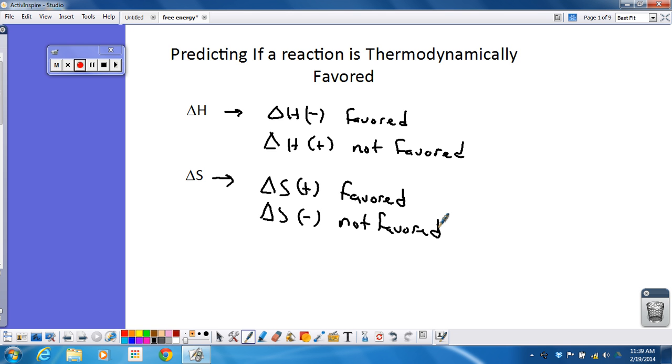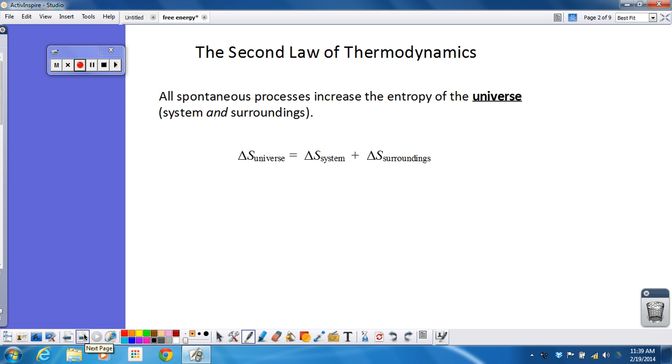So in order to look at the relationship between these two, we need to look a little more closely at the second law of thermodynamics. Okay, the second law of thermodynamics says a spontaneous process, one that is thermodynamically favored, increases the entropy of the universe.